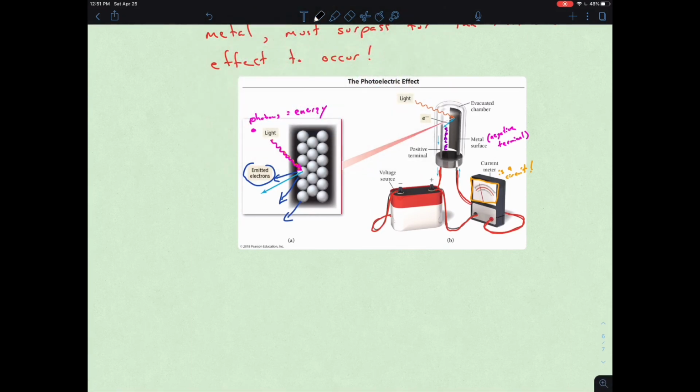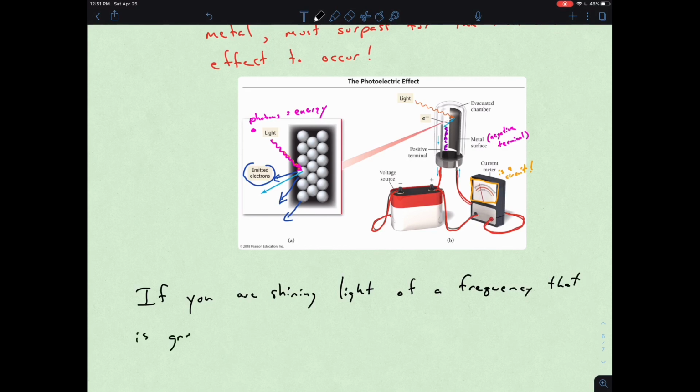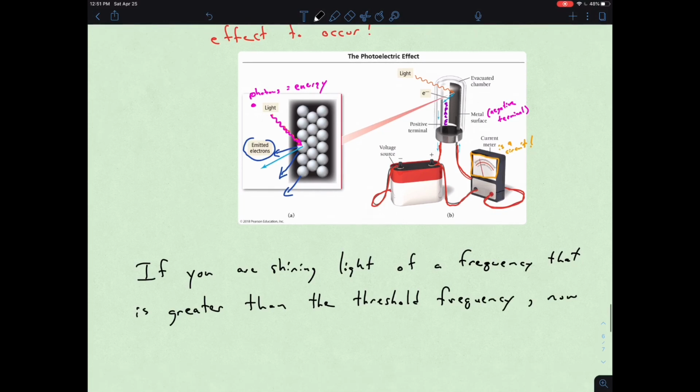It also means that if you are shining light of a frequency that's greater than the threshold, now these electrons have kinetic energy.